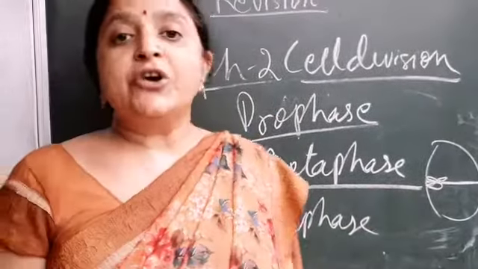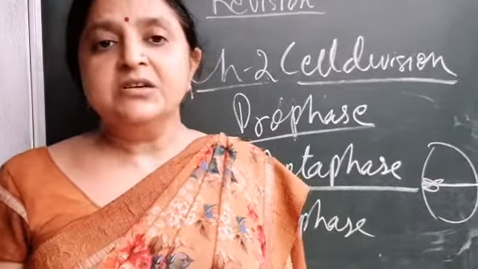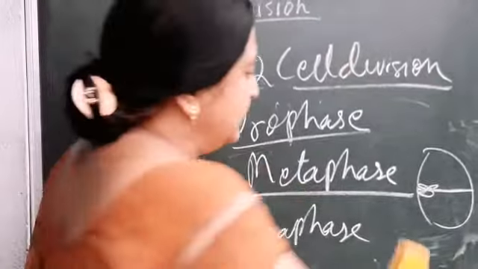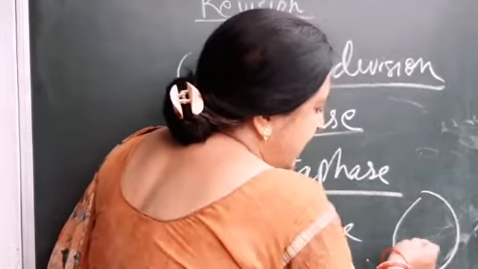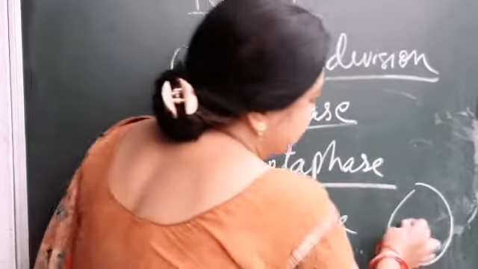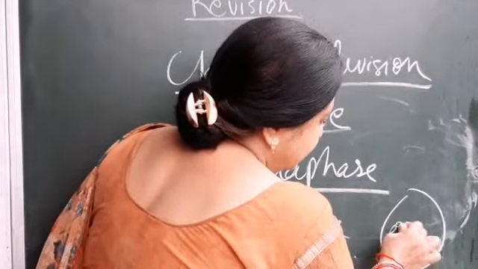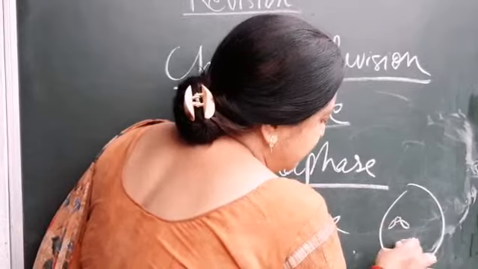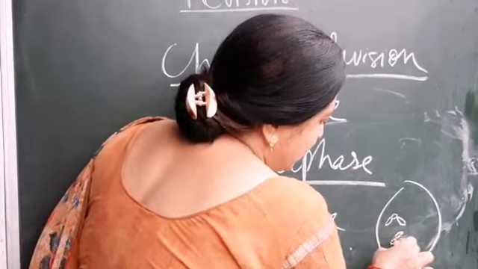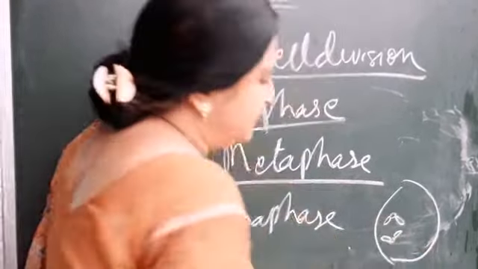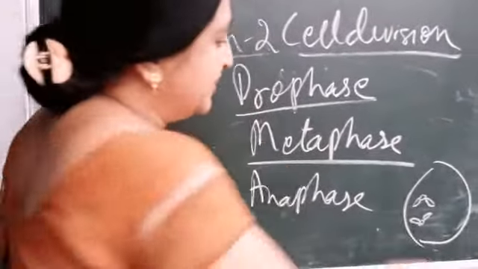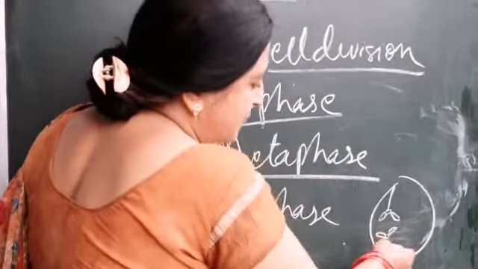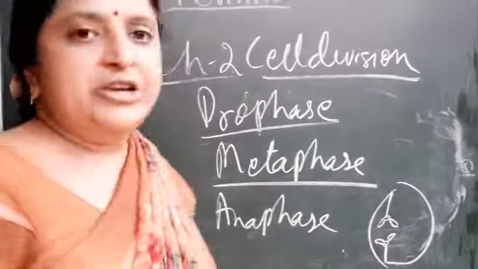Anaphase is known as the shortest phase of mitosis. In this phase, the centromere splits, and in this way the tetrad structure of the chromosome converts. After the splitting of the centromere, they are divided into 2 parts, and they move towards the opposite poles of the nucleus.